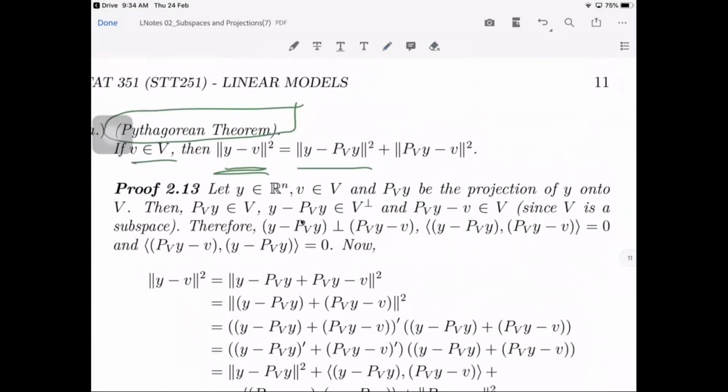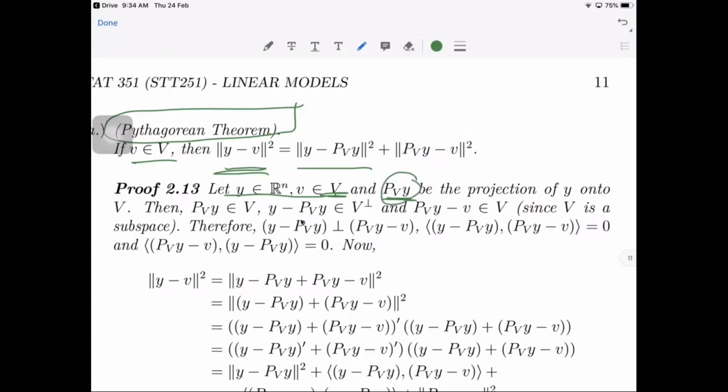Usual assumption, you have y, an n by 1 vector. You let a vector v be in V, and this notation is your projection of y onto V. So, pareha sila.